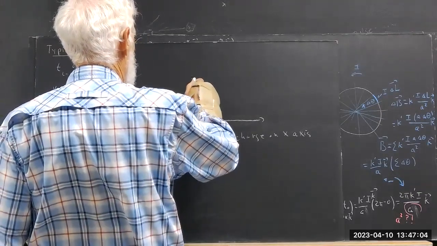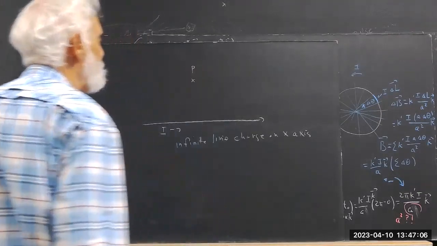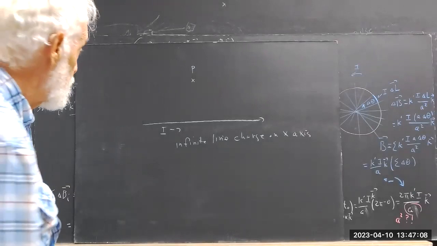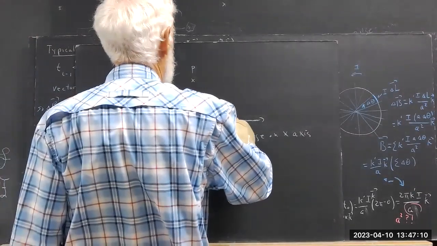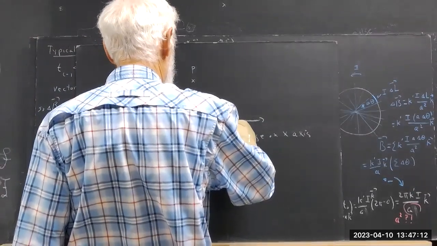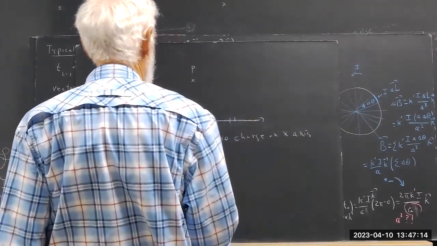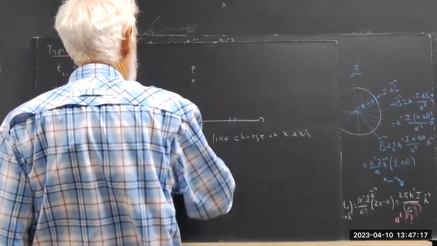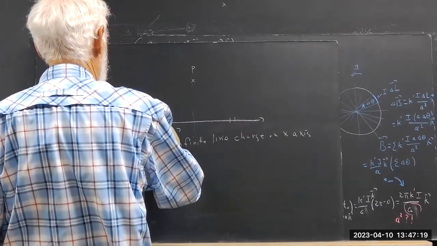And I want to take a point P off here. I want to take a typical increment here, and an increment over here.